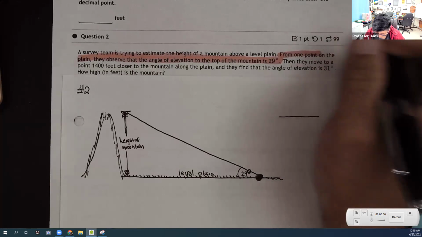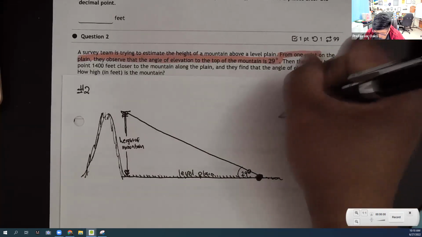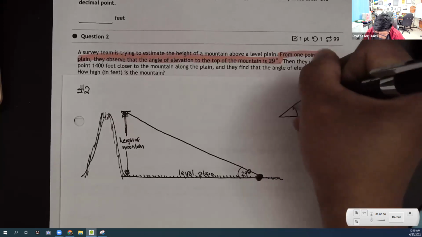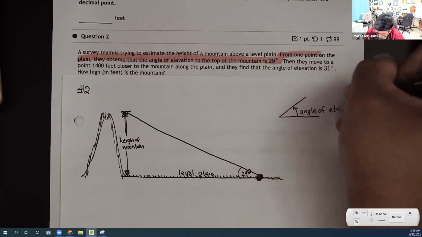And again, it doesn't really matter how you draw it. If it's going up from that point, that's an angle of elevation.